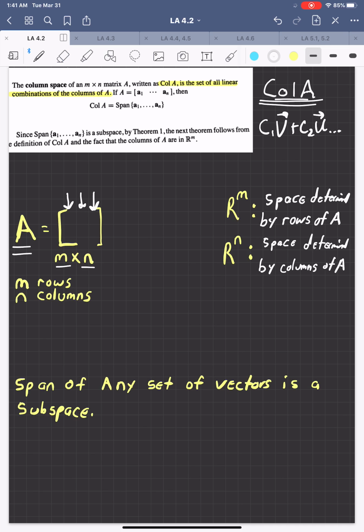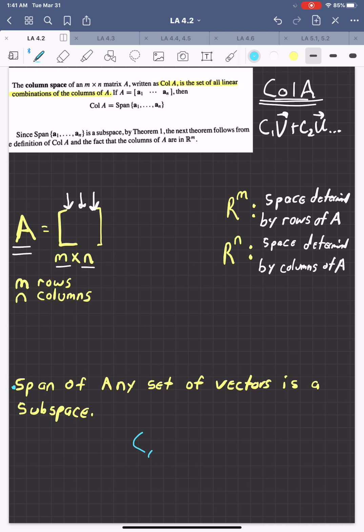All right. So I want to go ahead and make a statement that the span of any set of vectors is a subspace. Now this is something we've alluded to many times. But it meets all, remember, it meets all the criteria that you need.